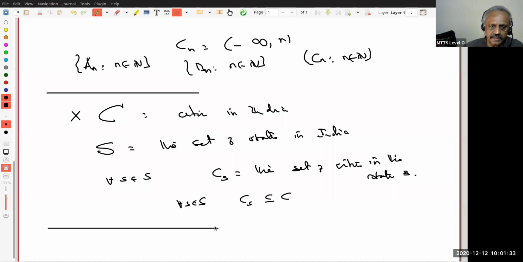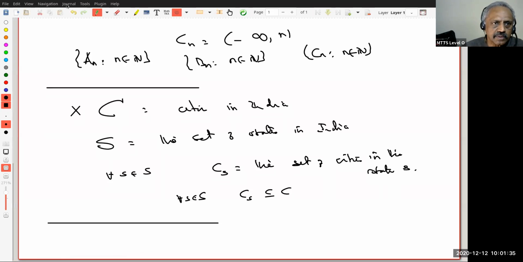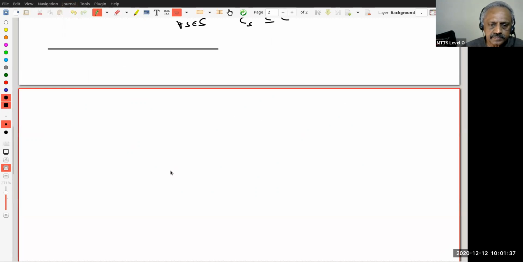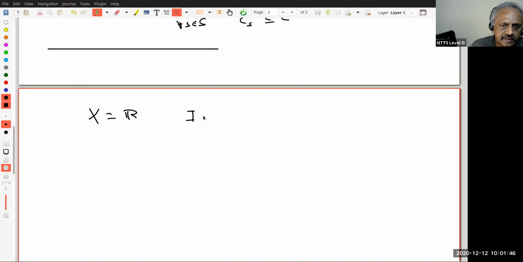Let us look at one more thing. Now let X be equal to R^2, and my indexing set equal to, let us say, R. Now I want a subset for each real number t in I, which is R. I want to define A_t, which is a subset of R^2.